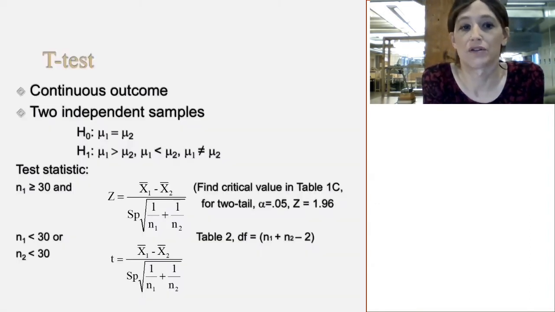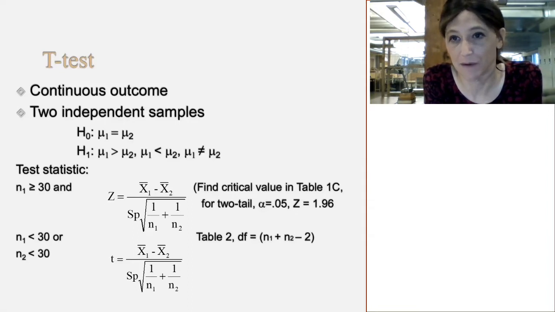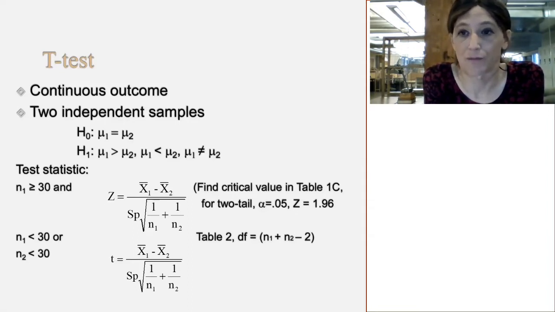Okay, so there are two different statistics that we can calculate. And again, a statistic is something that we calculate based on our sample for performing this type of test. I provided here the formula for a t-test and also a formula for a z-test, which is based on a larger sample.